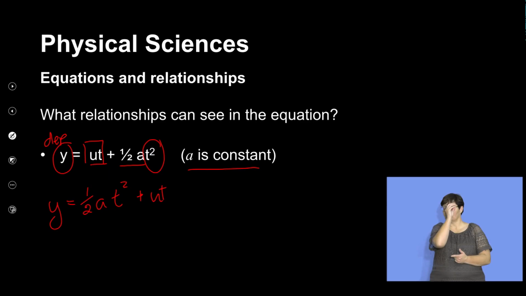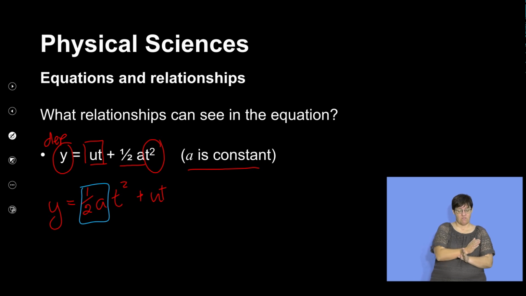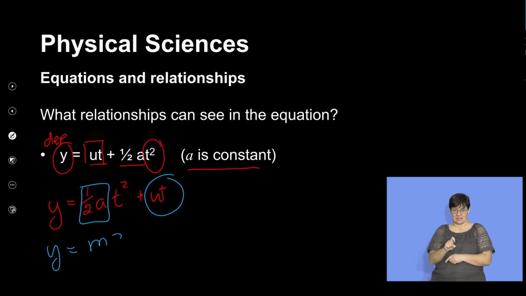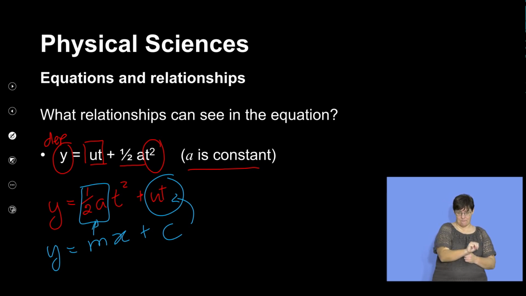But before we get there, let's take a note that we've got a constant here. The bit in front of the t squared is a constant. This is a bit on its own. So if we were to write y equals mx plus c, then the c corresponds to the ut, the half a corresponds to the m, and the x corresponds to the t squared.